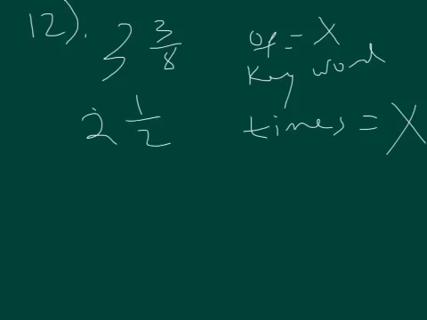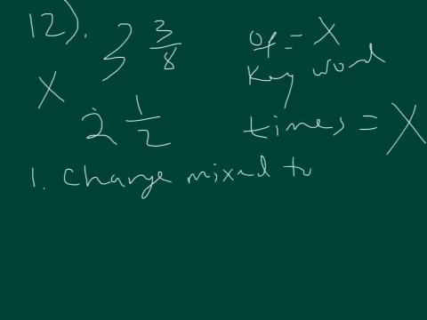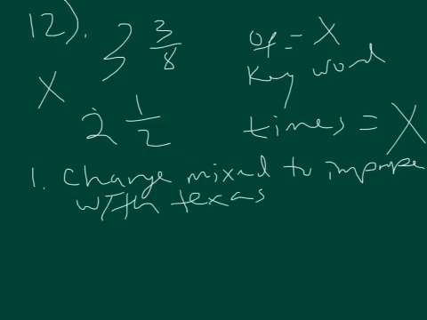So of course, what steps are you going to take to solve this problem? Well, we know it's multiplication, so the first step I always do is change mixed to improper. Then multiply tops and bottoms.